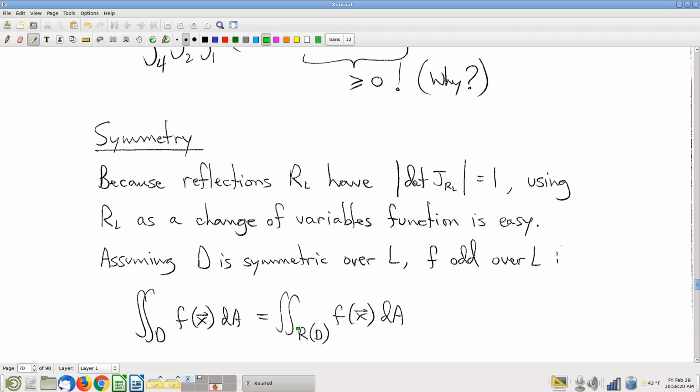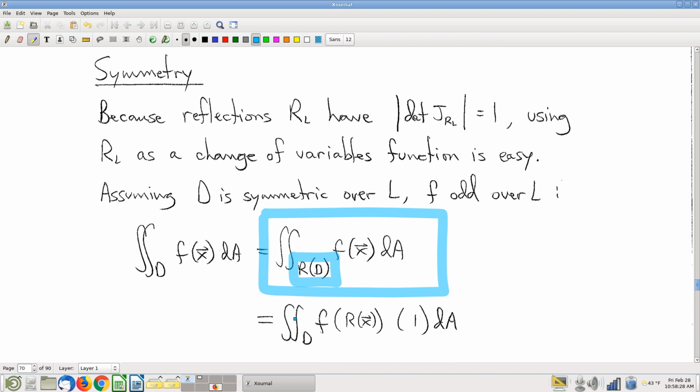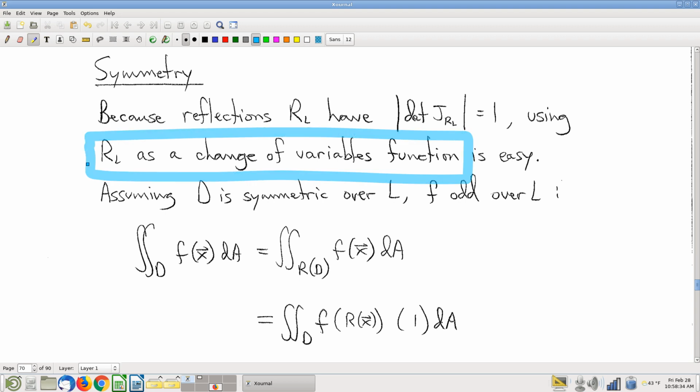Rorschach pictures, etc. Right? It is its own reflection. Okay, now notice I have here an integral over an image. When you have an integral over an image, you can do a change of variables. Using change of variables, we pull back the domain. We're using our reflection as our change of variables function. Pull back the domain. The pre-image of the reflection is the original domain.